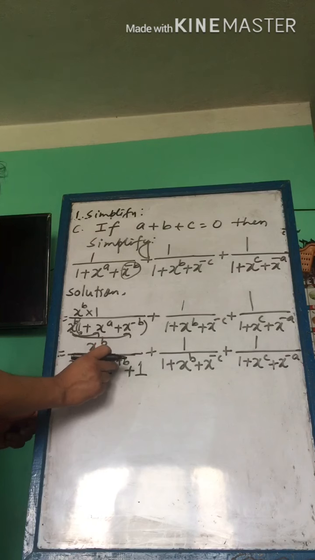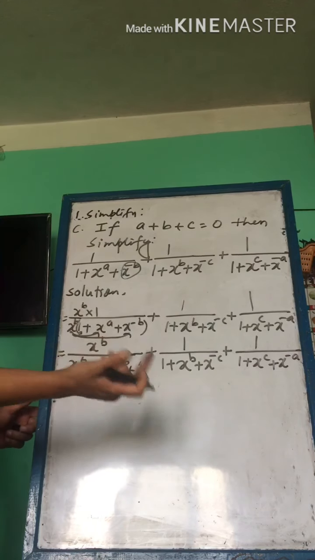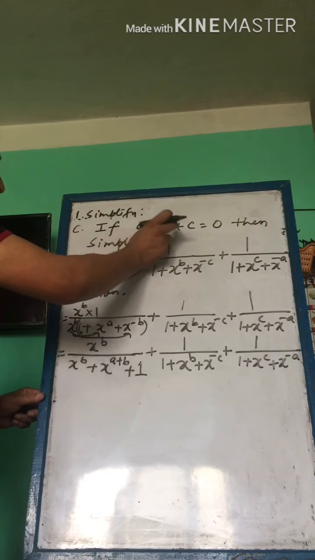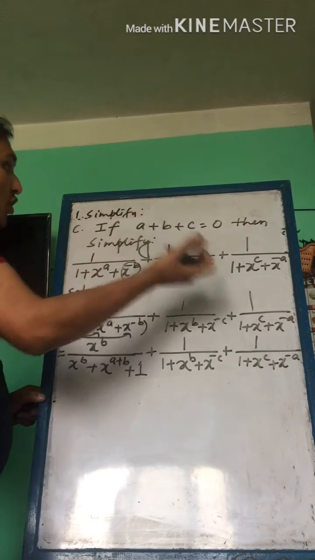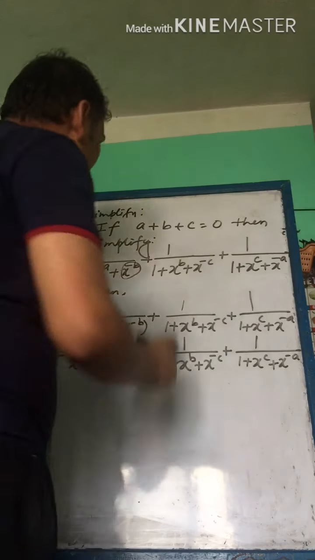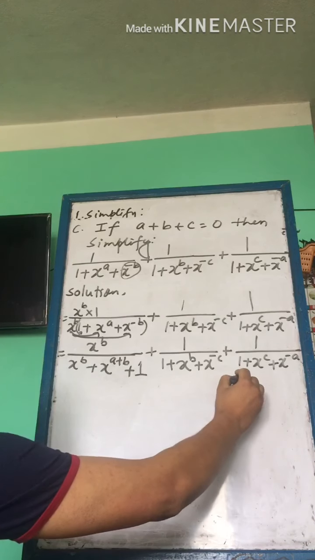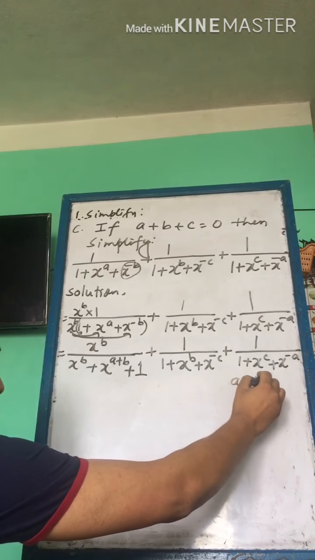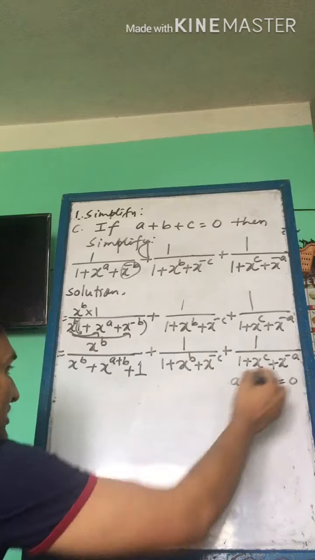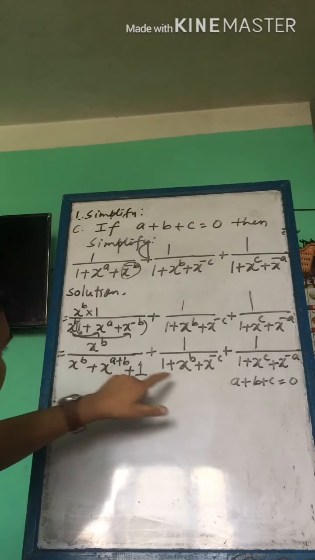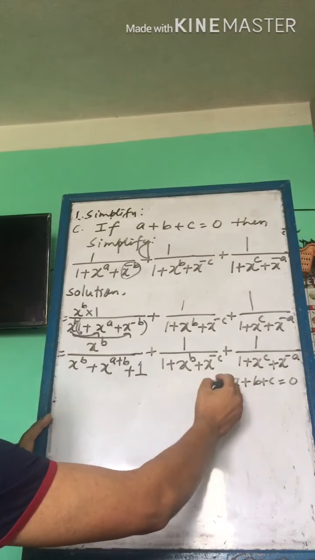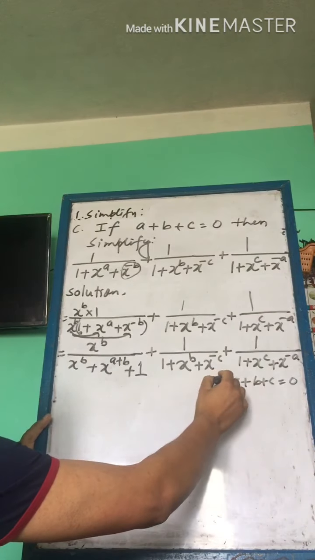a plus b, we have to replace this. a plus b equals how much? From the given condition, a plus b plus c equals 0, so a plus b will be equal to how much?